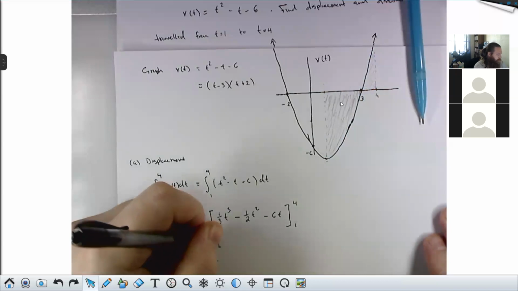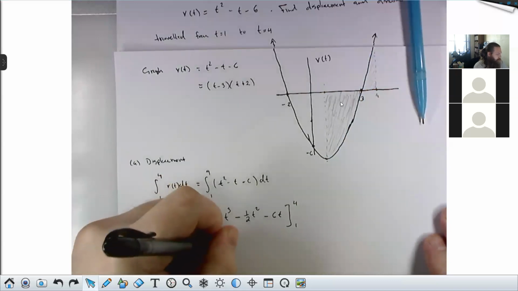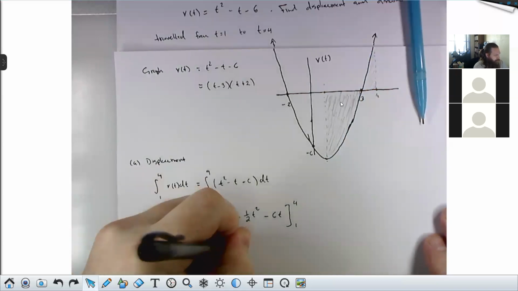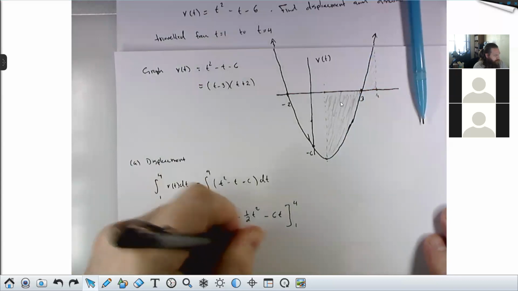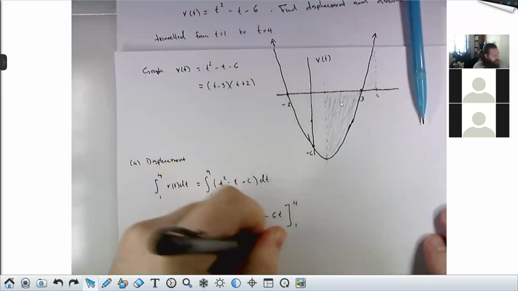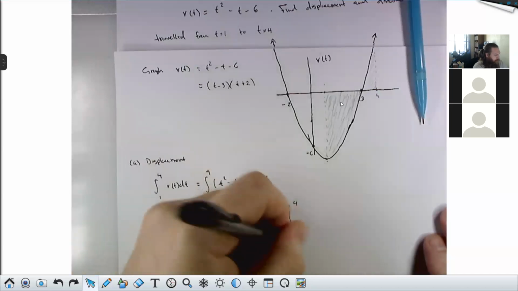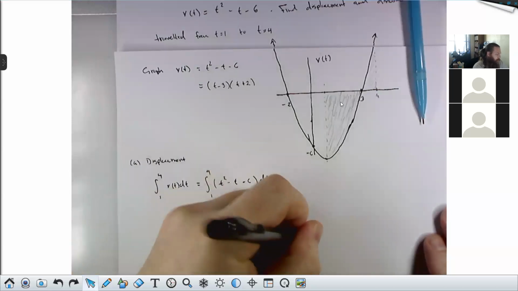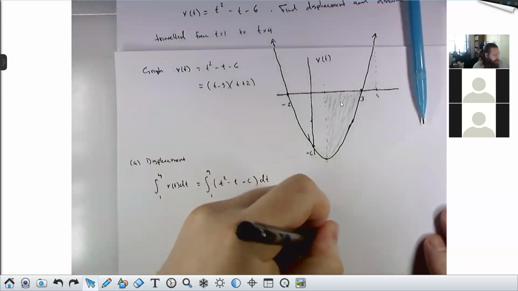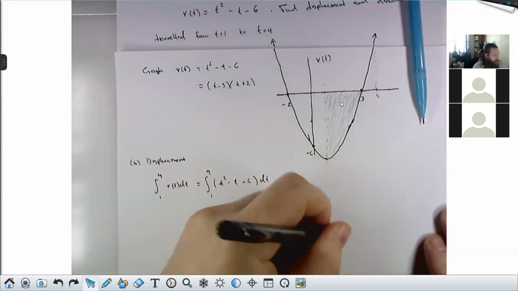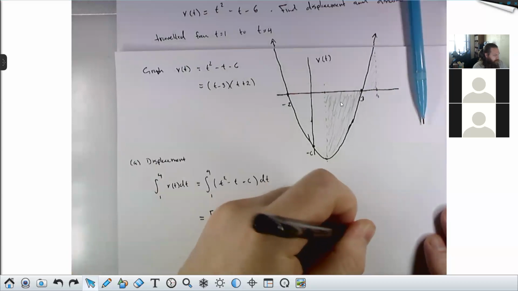This is 1/3 times 4 cubed minus 1/2 times 4 squared minus 6 times 4, minus 1/3 times 1 cubed minus 1/2 times 1 squared minus 6 times 1.